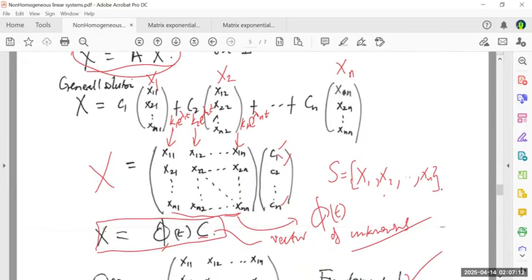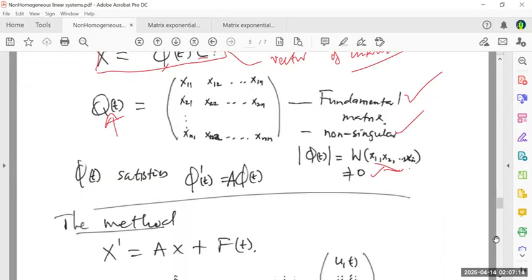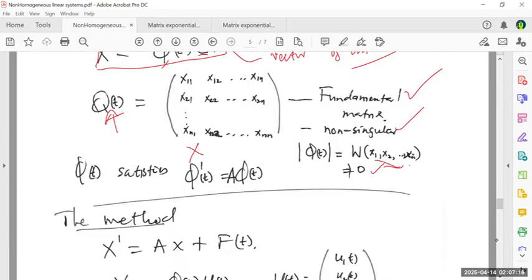Since phi of t is the fundamental solution matrix, it will satisfy the original equation where you just replace x by phi of t. It does satisfy. Okay? So these are just facts that are coming from the solution. We're just visualizing the solution that we had.